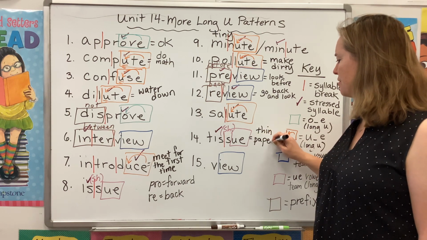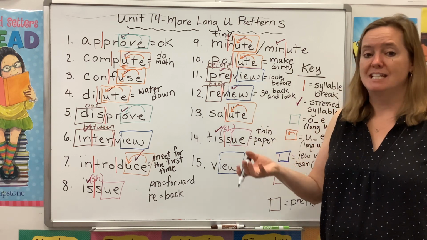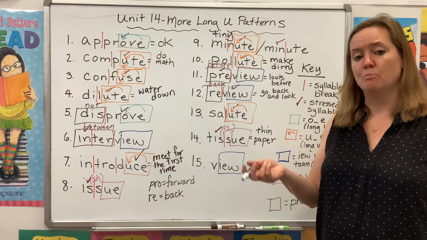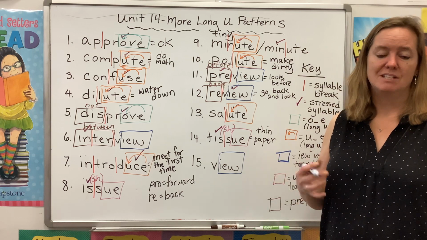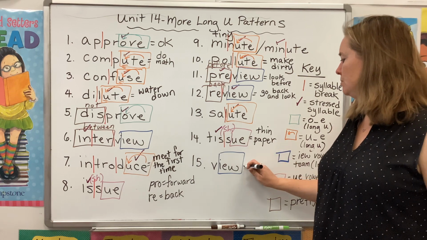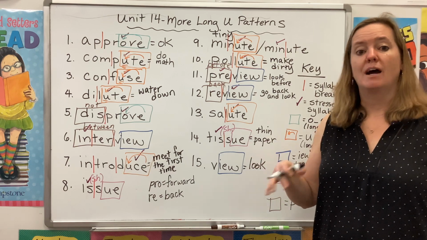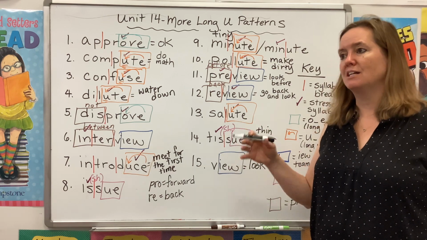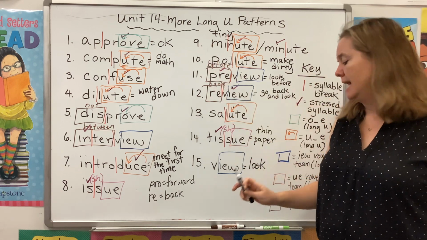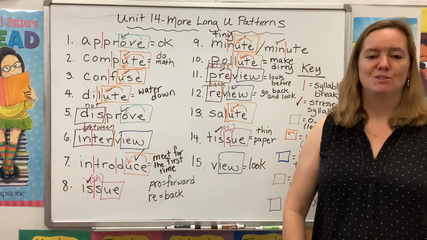It's something that you throw away right after you use it. So obviously you're not going to save a tissue after you blow your nose. You're probably not going to save tissue paper after you open a gift either. So it's thin, cheap paper. And then to view something just means to look at it, or if we're talking about a view, like, oh my gosh, this hotel has a beautiful view of the ocean, it just means that what you get to see is really nice.